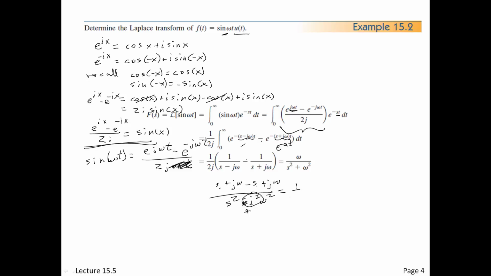Right, so it's 1 over 2j times 2j omega over s squared plus omega squared. And of course those disappear and you get exactly what the text got, no surprise.